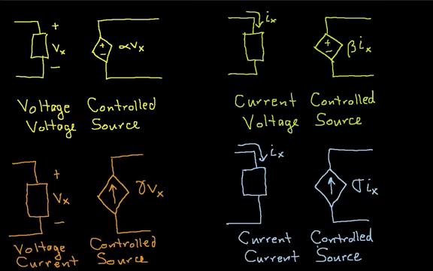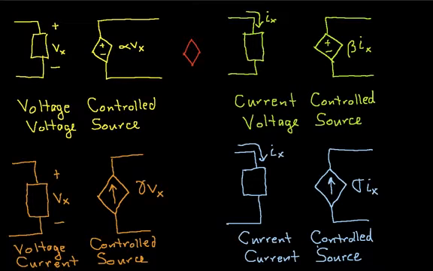And so to do that, we have what we call dependent sources. I have here the 4 types of dependent sources you can have, and you'll notice that every dependent source has a diamond shape in it. This basically is the part of the dependent source that actually provides the voltage or the current.